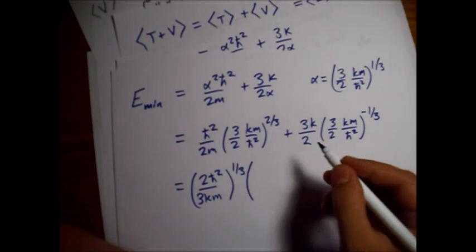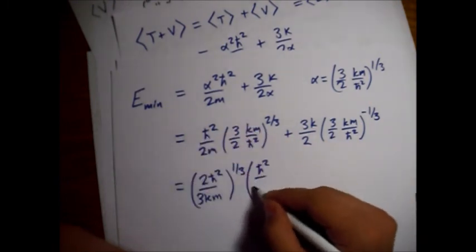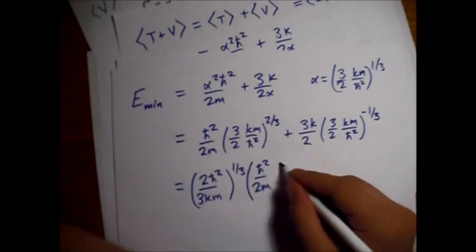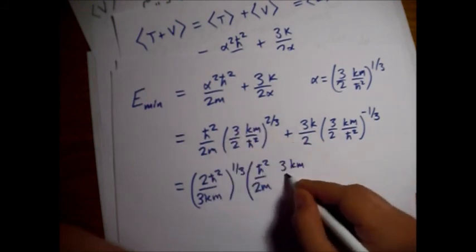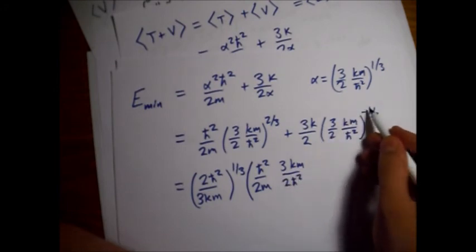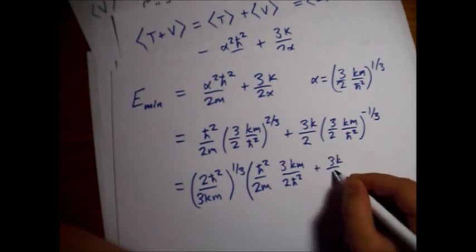So then what we end up with from this term, we have the h bar squared, we have a 2m, and then we just have what's inside here. So 3 km over 2 h bar squared, and then this part got factored out, so we just have a plus 3k over 2.